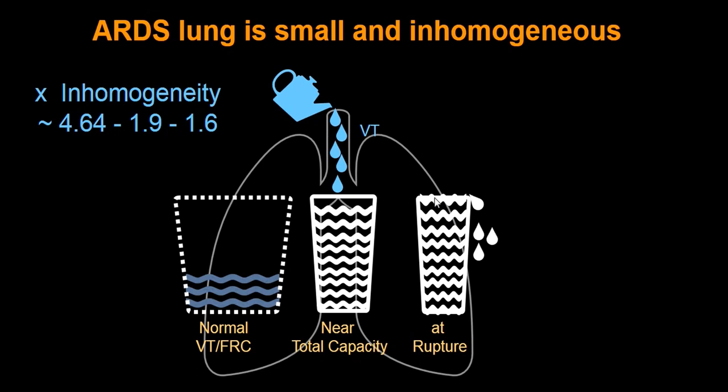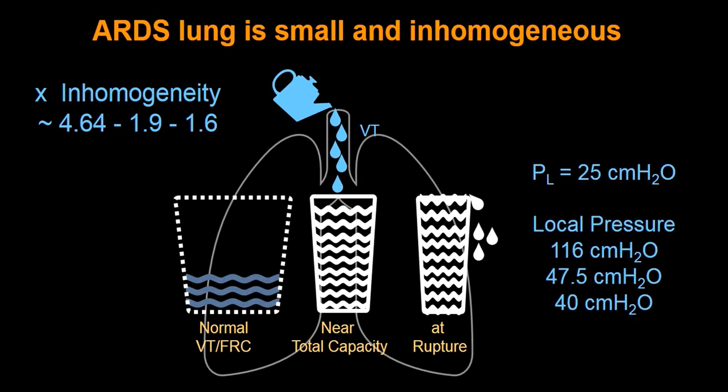What does that mean for mechanical ventilation? It means that if we decide what a safe transpulmonary pressure is, in some of these areas the stress can be multiplied by 4 times if you look at the in silico model, 1.9 times if you look at the CT scan model, and 1.6 times if you look at other experimental models.